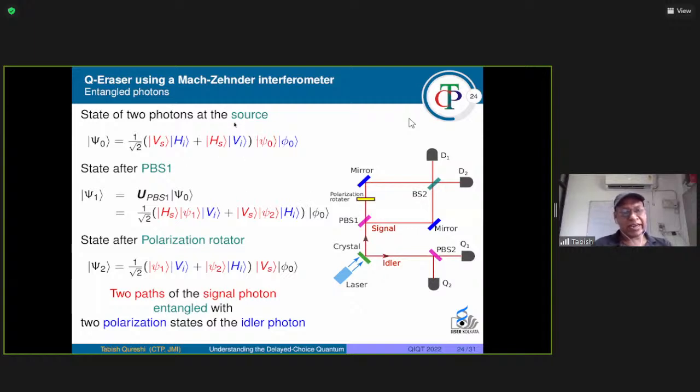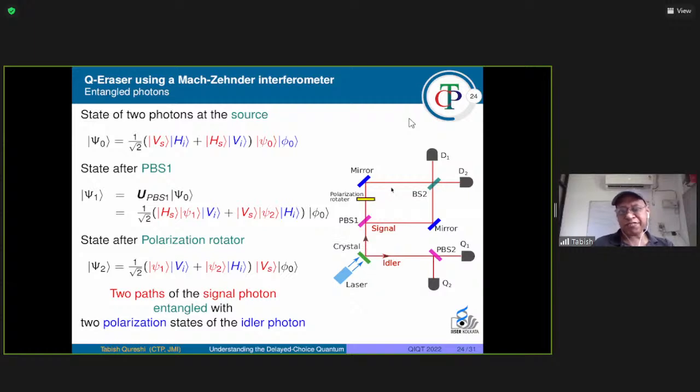So this is the entangled state. This is the spin entangled state, and these are the spatial parts of the two photons. The spatial part is not entangled. I have also color coded: wherever there is a signal photon, I have put it in red color, and idler I have put in blue color, so it will be easier for your eye to follow.